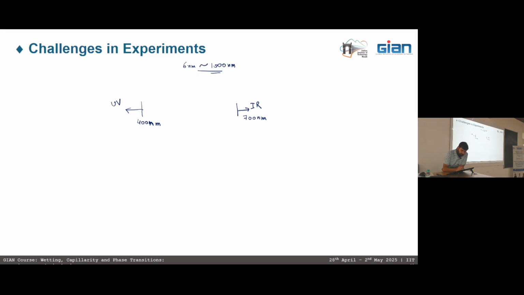And between this, the wavelength is varying. This is the light spectrum. It means that nanobubbles are inaccessible to your naked eye, as well as to all the microscopes which work on the principle of light, because the wavelength of light is so large compared to a nanobubble that we cannot observe these nanobubbles there, right?